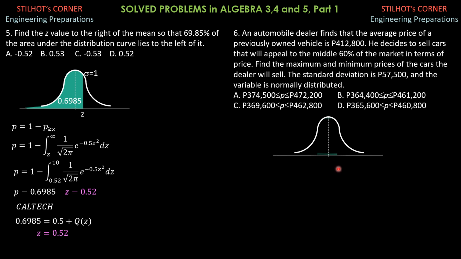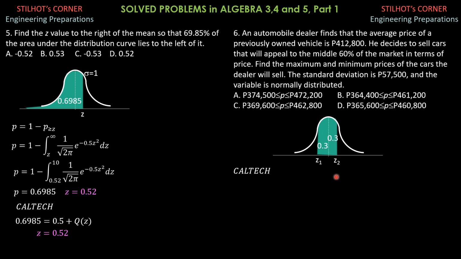So this is the guide, and we'll find the z-score such that the area bounded by that z-score left portion to the mean is 0.3, and from the mean to the right, that's also 0.3, so that's 60% or 0.6. That means that the z-score 1 is numerically equal to z-score 2. The only difference is z-score 1 is negative.